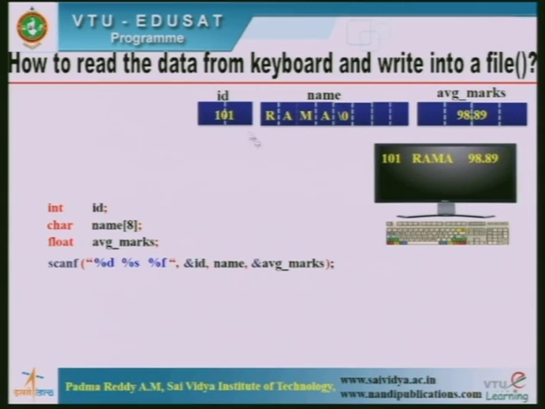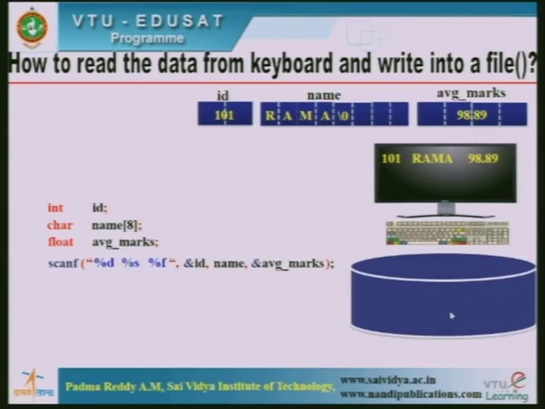Now the question is how to write this data into a file. For that, this is the pictorial representation of the hard disk. Here I have to open a file. So let me open one file by the name student.dat. I have to open this file in which mode? Write mode. So I write W within double quotes, because I have to write this data into the file. So we open the file student.dat in write mode.